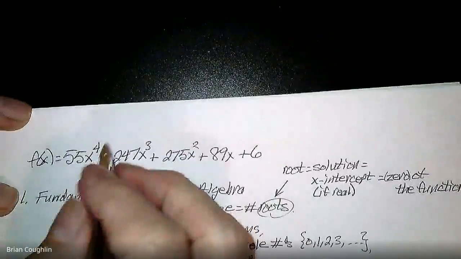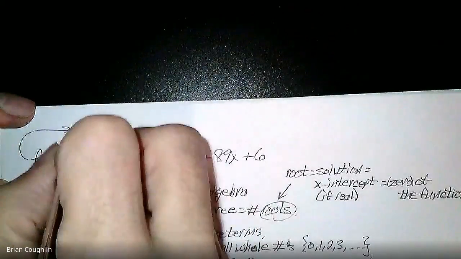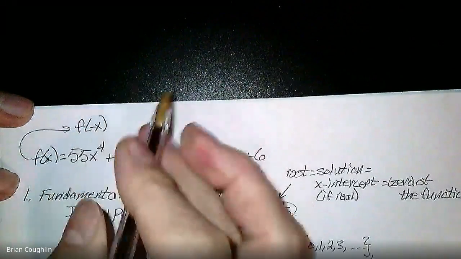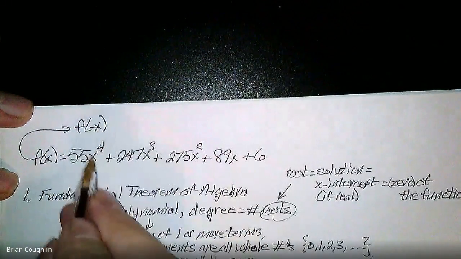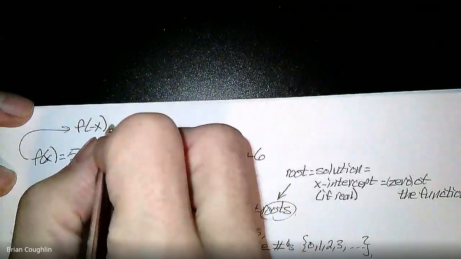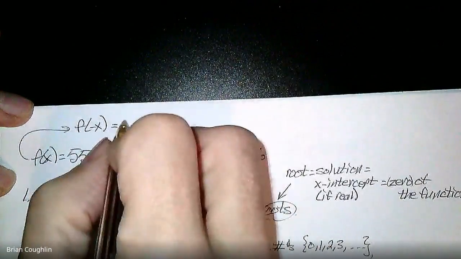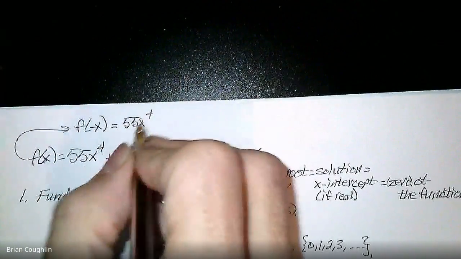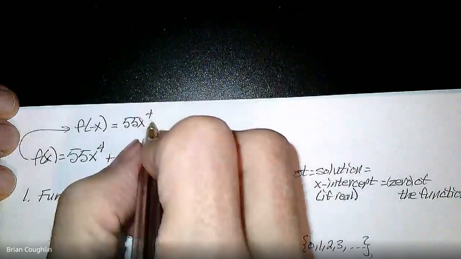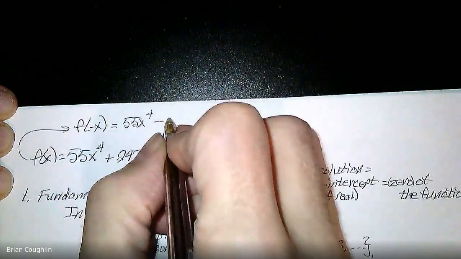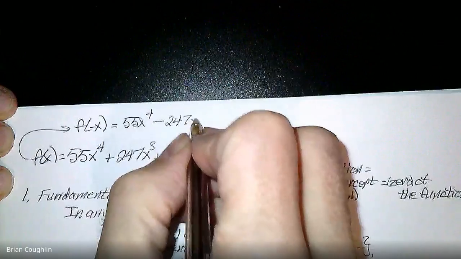Okay. So in this particular case, let me just give you a demo. Up here, f of negative x. What you could do if you want to do it the long way is just plug a negative x in for every single value of x and then simplify it. But what will actually happen is that you'll have the same on any even-powered exponent, but then it'll switch the sign on any odd-powered, minus 247x cubed.